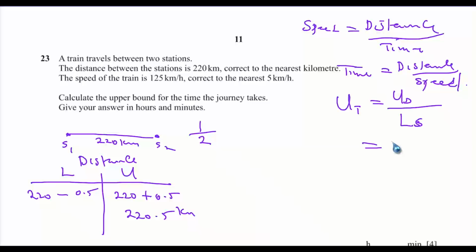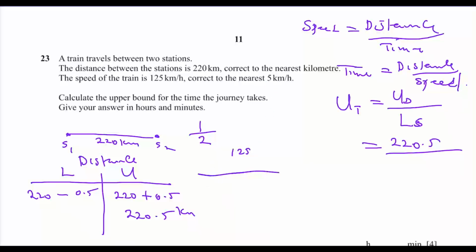So I'll put 220.5 here over, then I need to do the same thing for the speed. I need to calculate the lower and upper bounds of the speed. So the speed is 125 kilometers per hour, correct to the nearest 5 kilometers per hour.